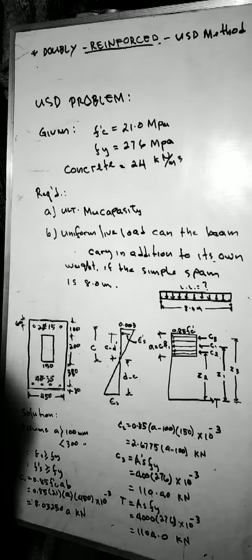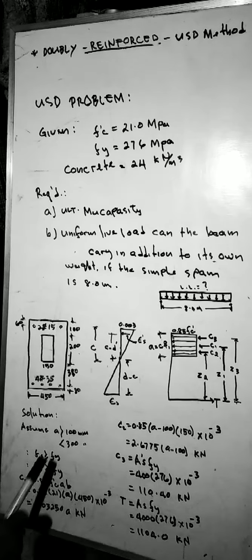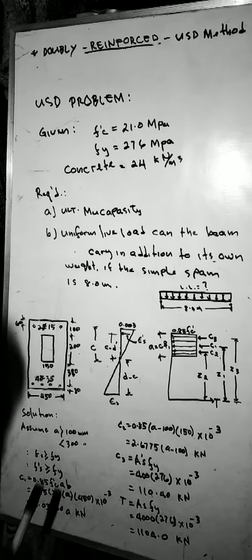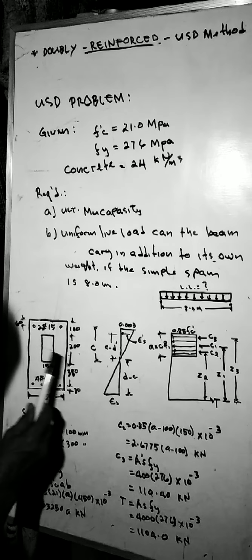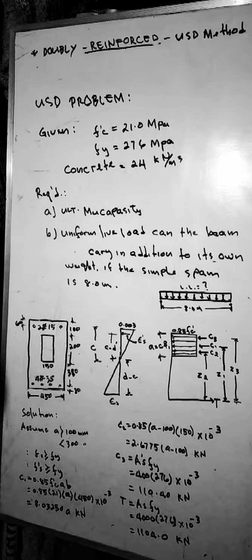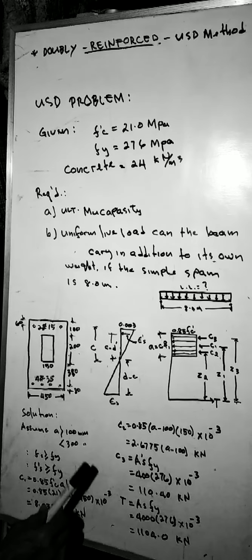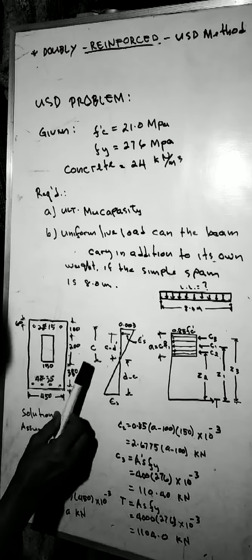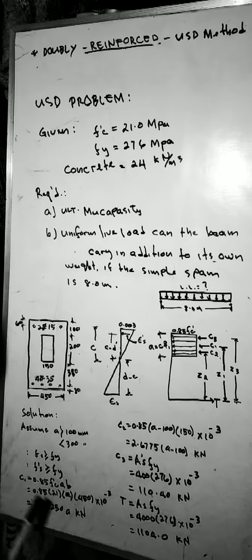Solution. We have to assume the value of a, the neutral axis. We assume the neutral axis is greater than 100 millimeters, maybe somewhere here, but less than 300 millimeters.